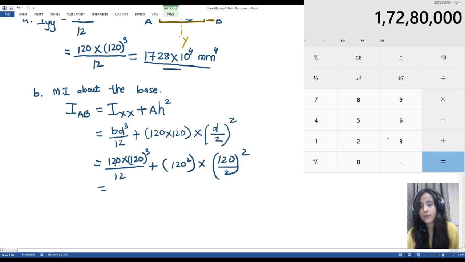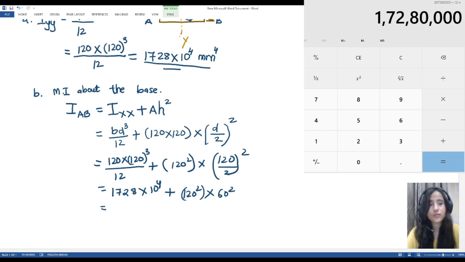So what do I get from here? I have the same equation here as IYY, so let us write this as 1728 into 10 raised to power 4, right, plus 120 square into 60 square. So what do we get? Let us do it in the calculator.